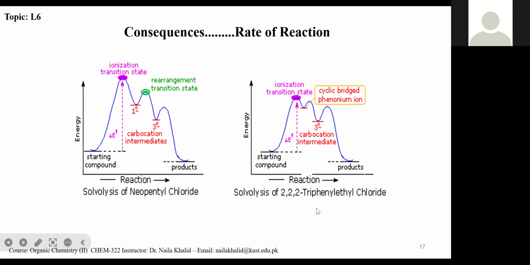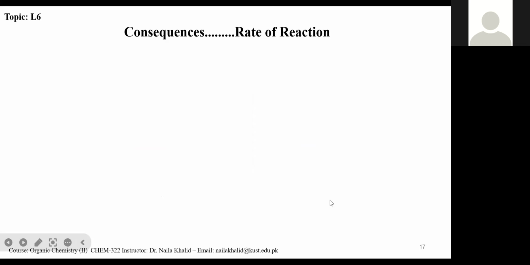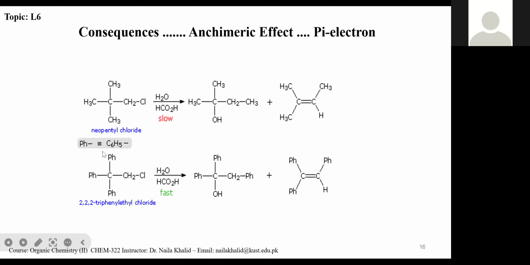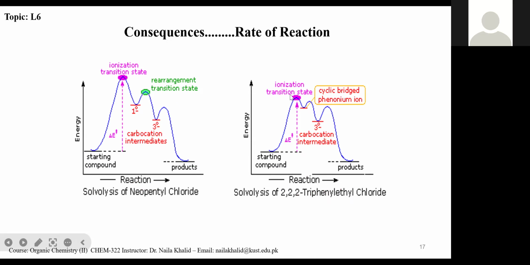In case of triphenyl ethyl chloride, the phenyl ring is acting as a neighboring group participant. So that is why its activation energy barrier is low as compared to those in which there is no neighboring group participation.